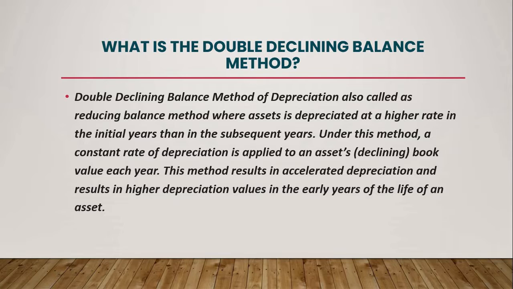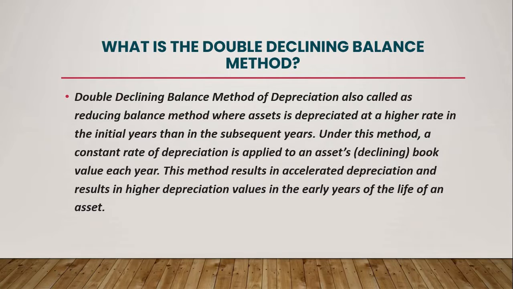Where the asset is depreciated at a higher rate in the initial year, so in the very beginning the depreciation cost is very high compared to the other years. Under this method, a constant rate of depreciation is applied to an asset.